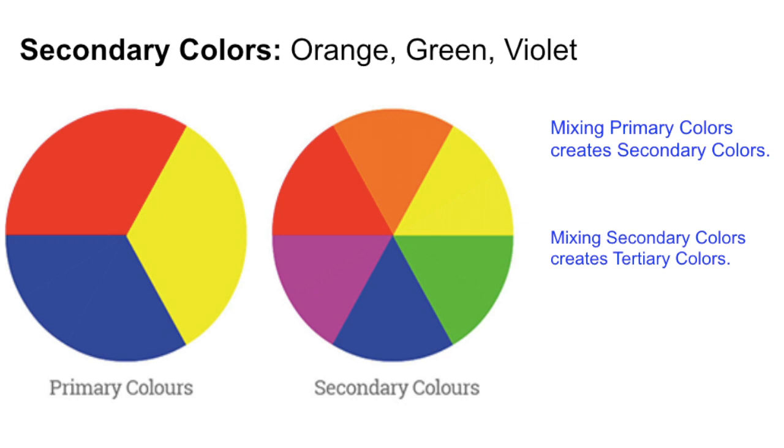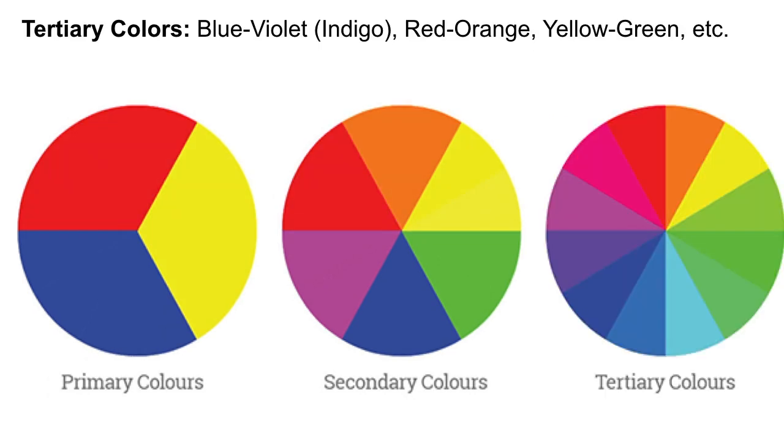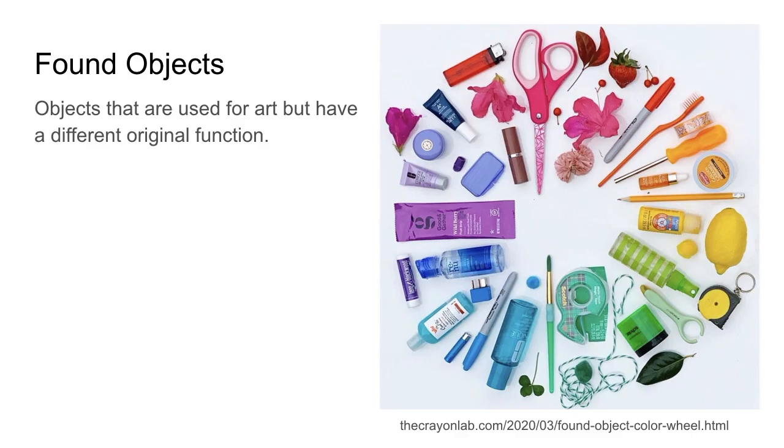It has all the colors that you need to think about the color relationships and to figure out how to mix more complex colors. The tertiary colors are shown in that third color wheel there, and they include blue-violet, which you could also call indigo, red-orange, yellow-green, etc.